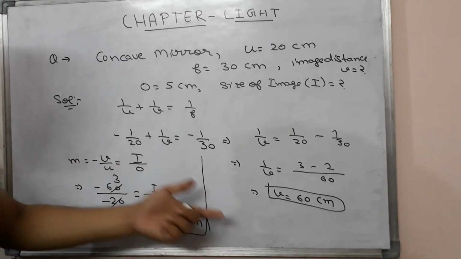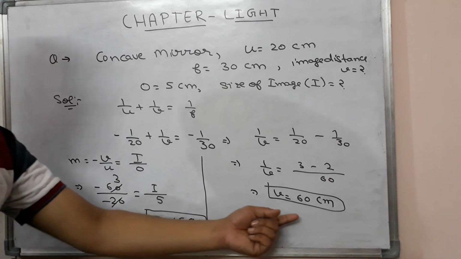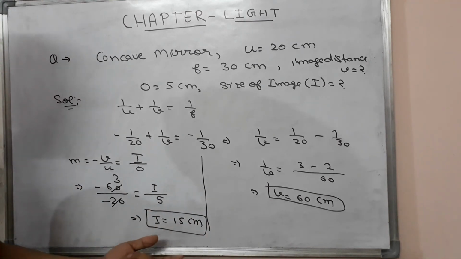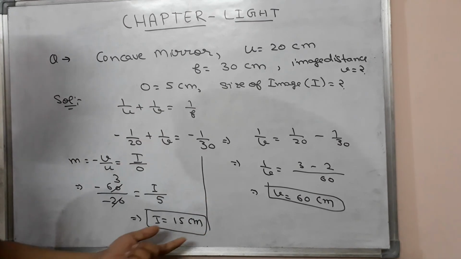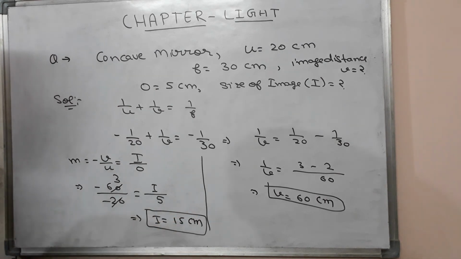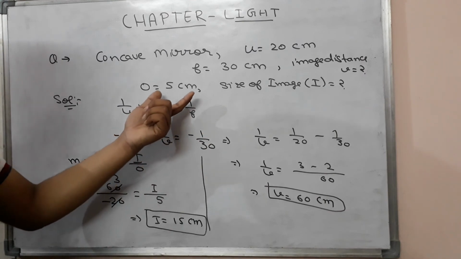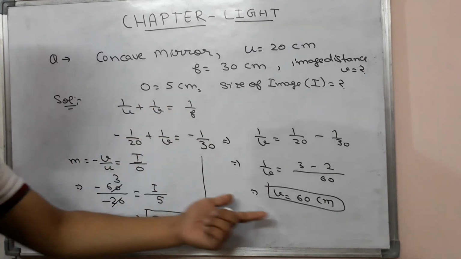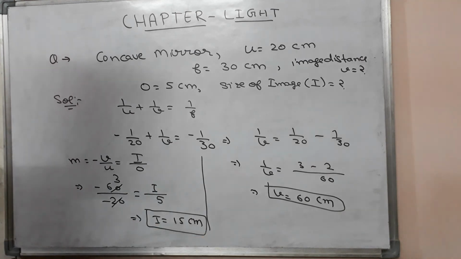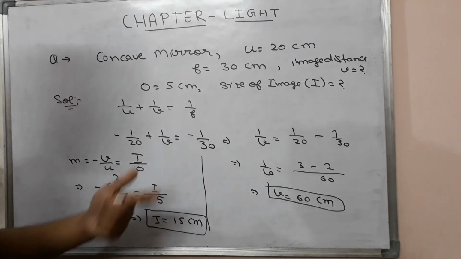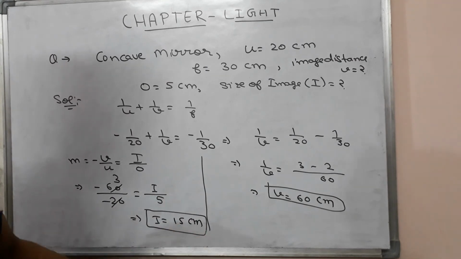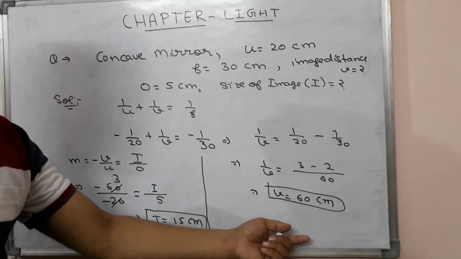So in this case the image distance comes out to be 60 centimeter and the image size comes out to be 15 centimeter, and we can see that the size of image is very large as compared to the size of the object. And from positive value of v we can say that this is the last case of the concave mirror, which is the sixth case where the object is placed between P and F and the image is found behind the mirror.